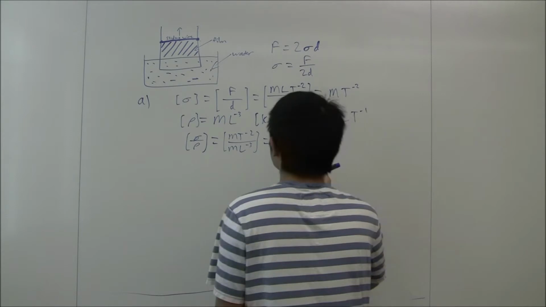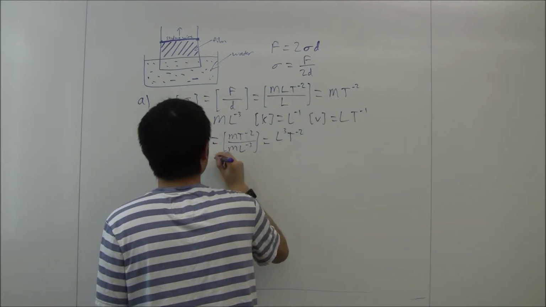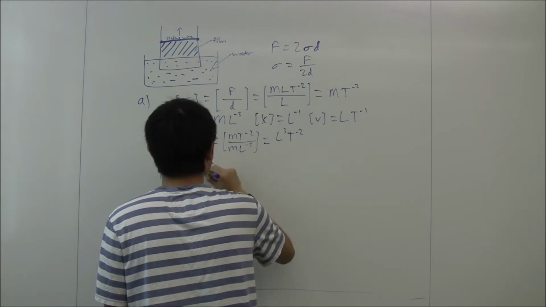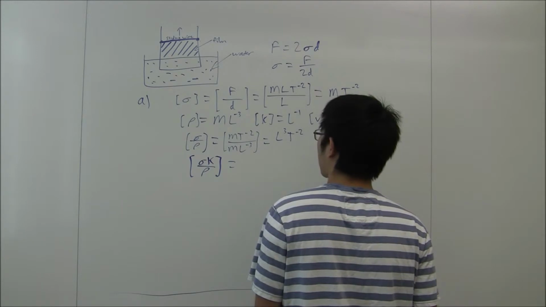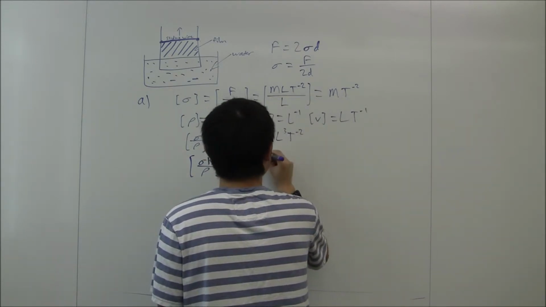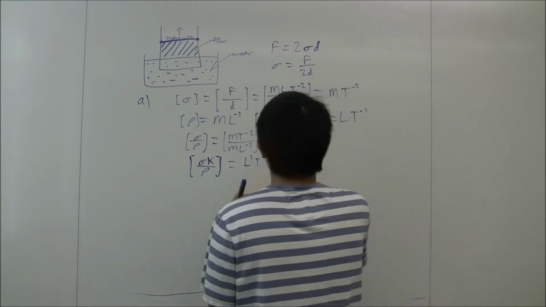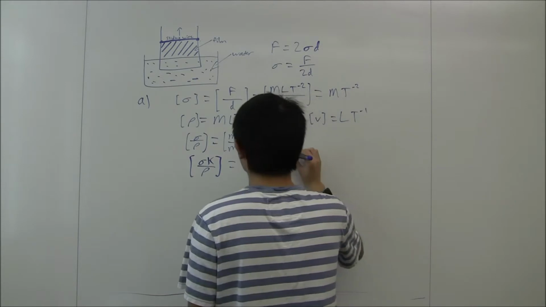So now, if we have units of sigma times k over rho, that's going to be equal to length cubed times time to the negative 2 times k, which is going to be L to the negative 1.